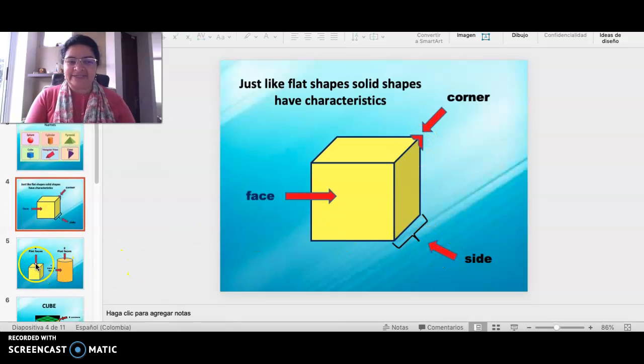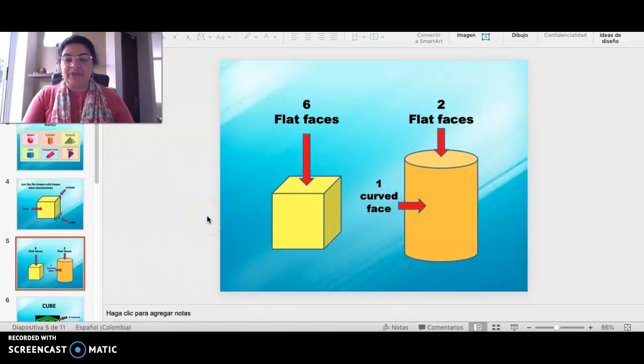Now, let's see the next image. So, here we have that the cube has 6 flat faces, as I told you. But the cylinder, this one, only has 2 flat faces. The one that is here is 1, and the one that is down is number 2.